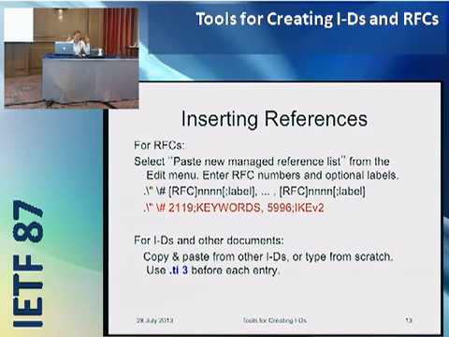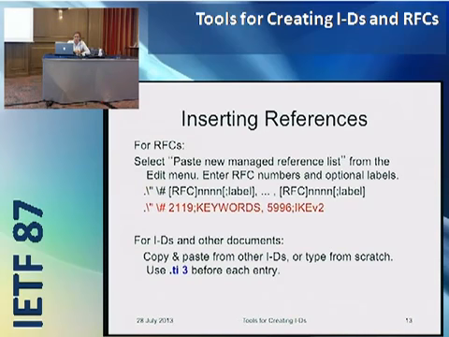I'm going like this with my hands because square brackets is usually in internet drafts and RFCs how you know that it's a citation. So with this syntax, 5996 semicolon IKEv2, you're going to get IKEv2 in square brackets in text, which can be nice depending if that's what you want in your document. You can also just do it with the RFC number.